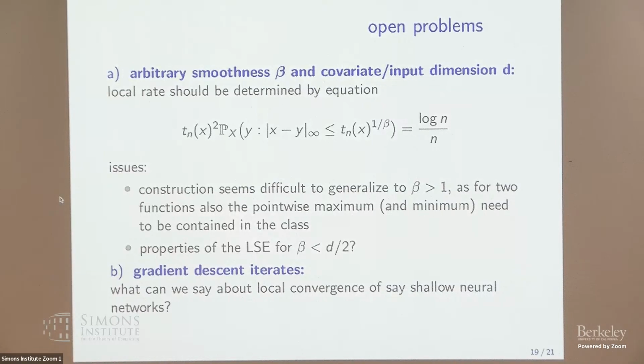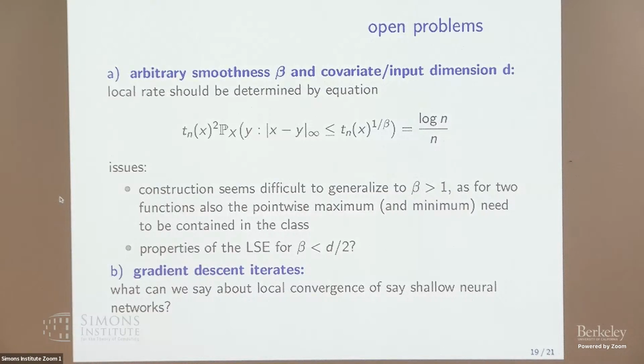That really helps us construct this perturbation that I showed for the local rates. And that's not the case if you go beyond smoothness 1. We tried all sorts of things to smooth it on the boundaries, and it just didn't work. So that's a main obstacle that remains unsolved. I was really hoping to solve it, and we tried a lot, and we couldn't. Maybe someone has a great idea for doing that.